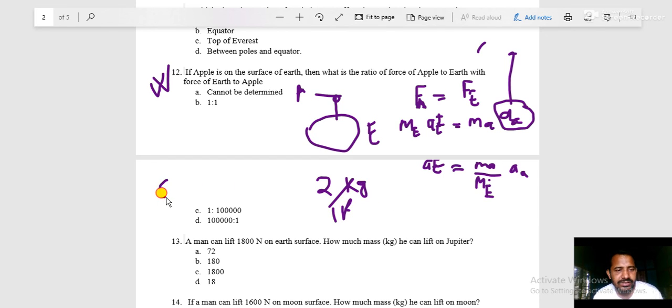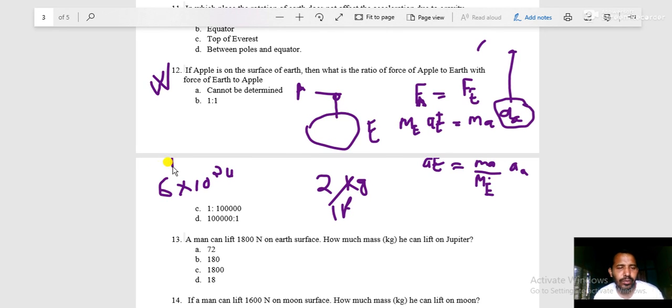The mass of earth is 6.6 times 10 to the power 24 kg. So it means something like 1 divided by this value. If you calculate this value, it will come to something like 0.00024, times a tiny number. So we don't feel any acceleration of the earth due to the apple.